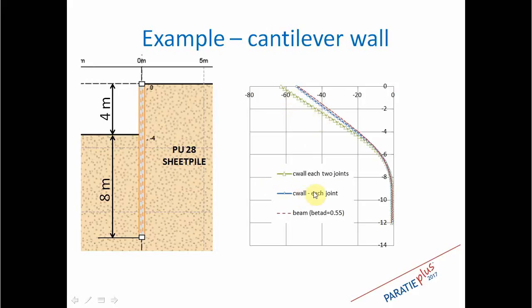Whereas if we crimp, as recommended by Eurocode, the wall at each joint, essentially we have the same behavior of this cantilever beam as modeled like an ordinary beam element, including a reduction factor beta D equal to 0.55, that is in the range of recommended value.